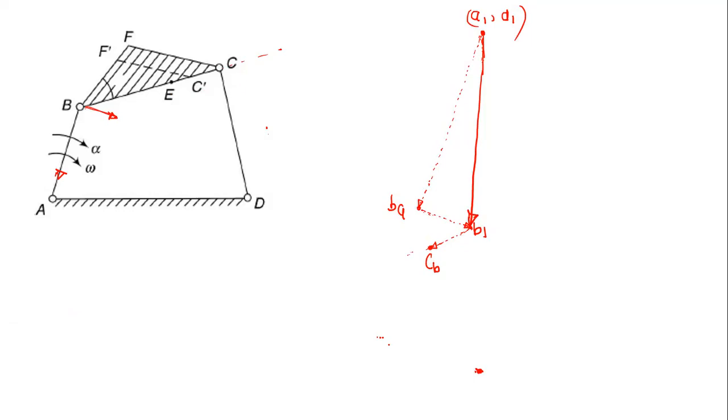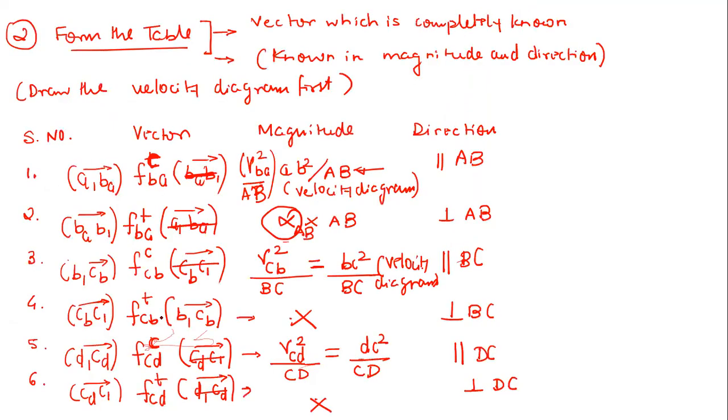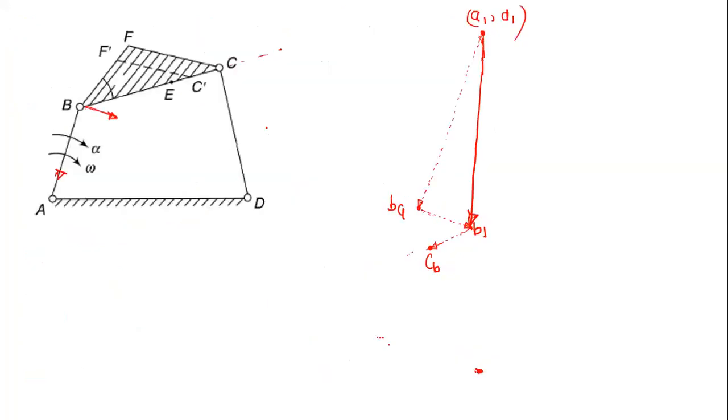Now the next component is CBC1. Now there is one confusion here because we don't know the magnitude, right? Only the direction is known. The direction says that it will be perpendicular to BC, but we are not aware of the magnitude. So what we are going to do is just draw a dotted line that is perpendicular to BC, and we will leave this dotted line as it is for now, right?